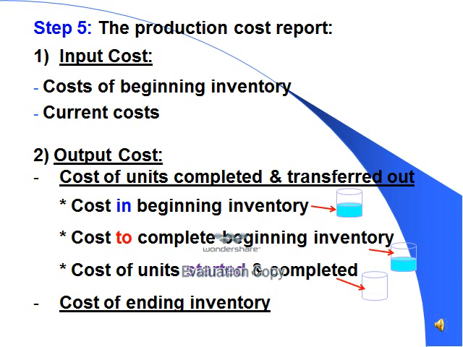This cost is incurred in current accounting period. And the cost of units started and completed, also incurred in current accounting period. So, cost of units completed and transferred out equal cost in beginning inventory plus cost to complete beginning inventory plus cost of units started and completed.